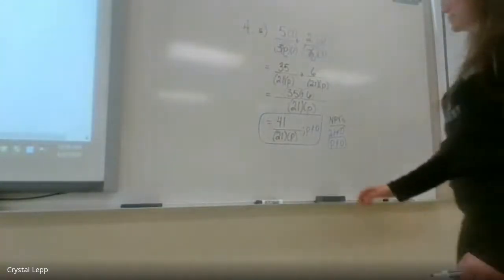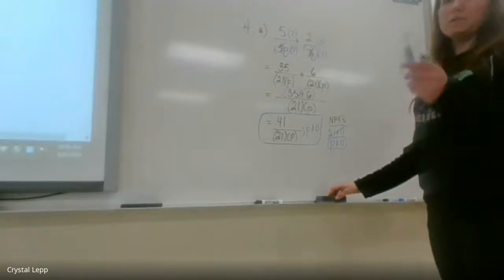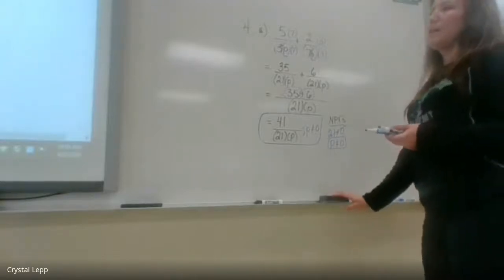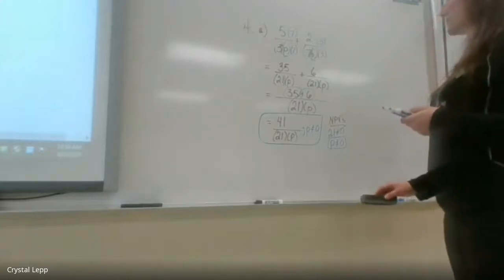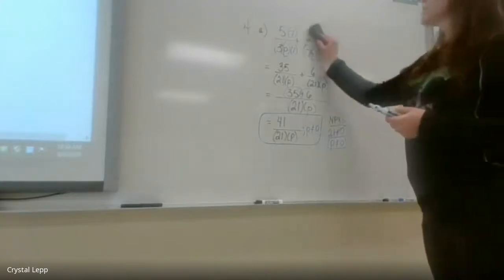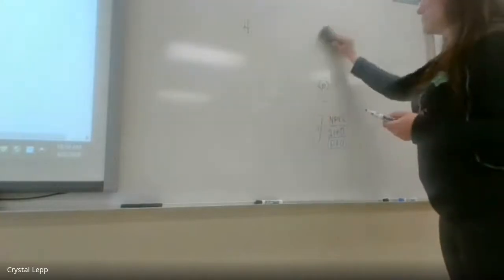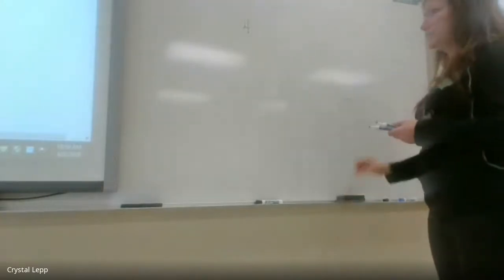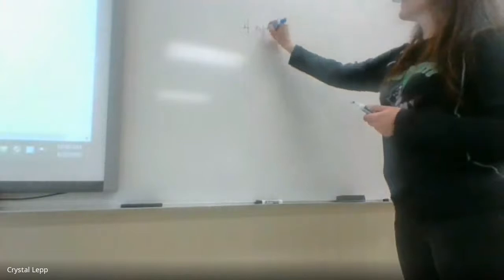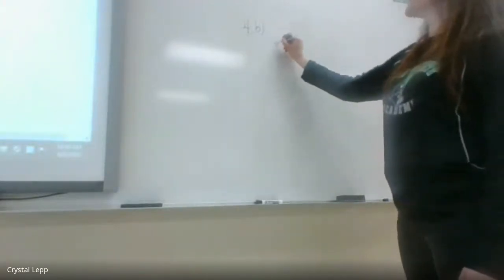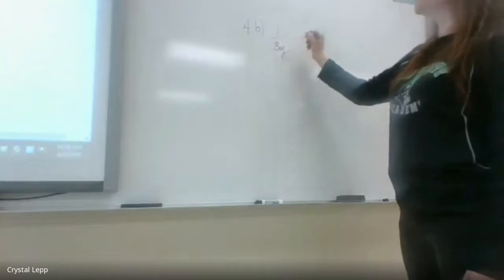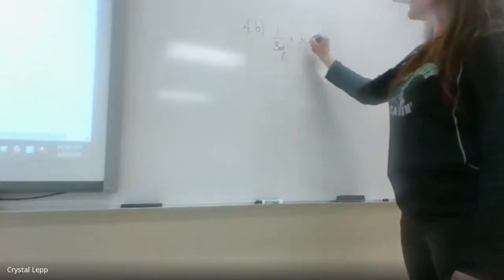4B is a monomial denominator again. So the denominator doesn't have plus or minus signs. So we're going to go over 4b. 4b has 1 over 3y plus 6 over 5.